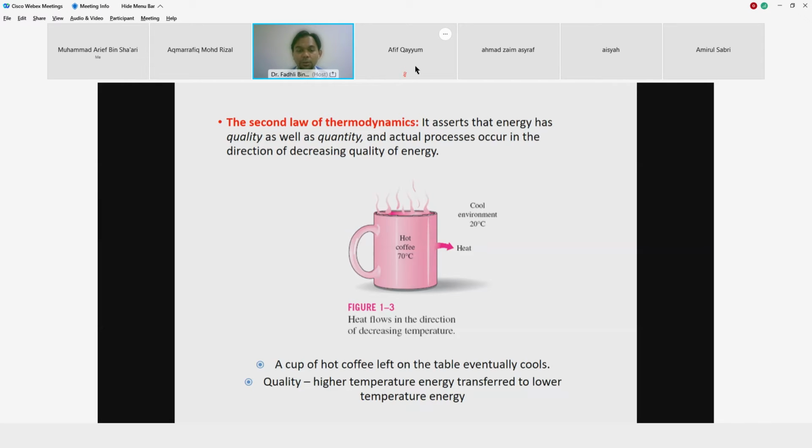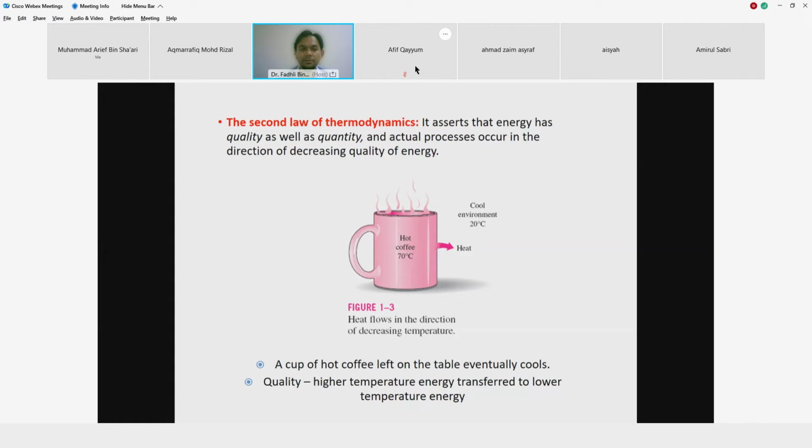So we deal with numbers. Numbers here mean quantity. But the second law states that it has quality as well as quantity. That is what the second law stated.